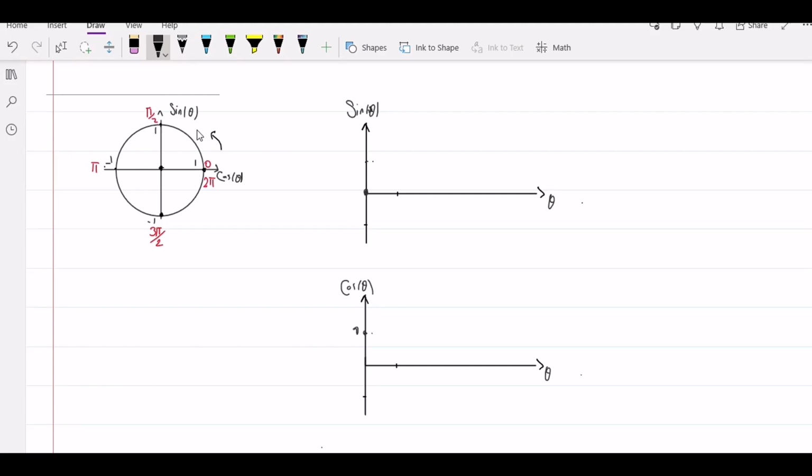If we move by pi over 2, we get to this point. At this point, which is theta equal to pi over 2, we get sine equal to 1. So I'm going to name this pi over 2, and the value of y would be 1.